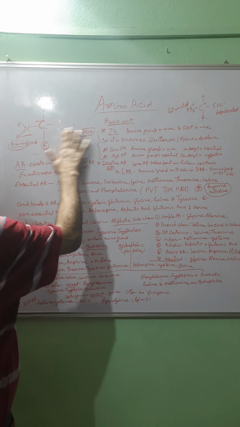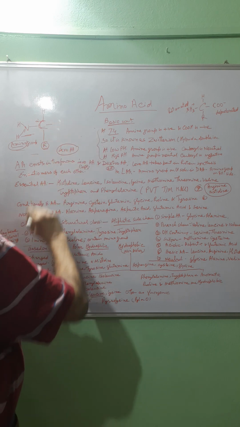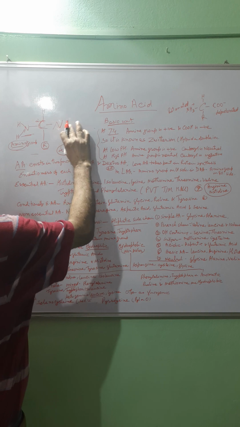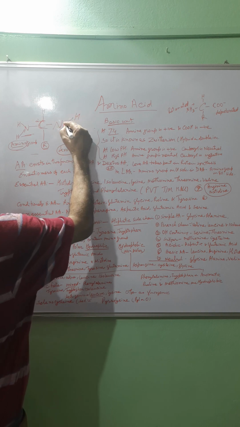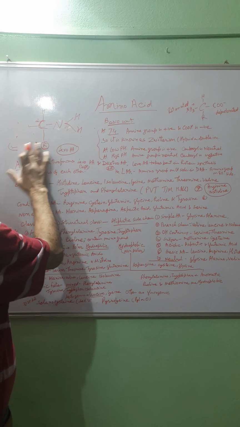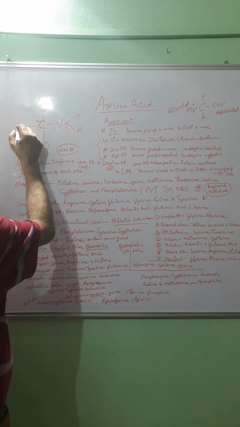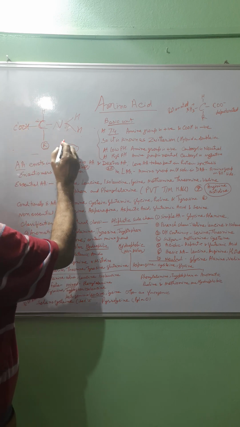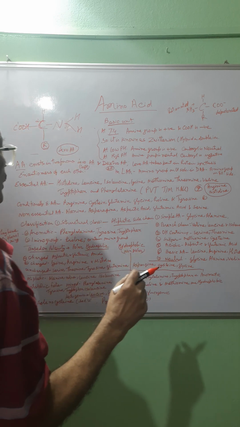When this changes and becomes here, then it is known as dextro amino acid.